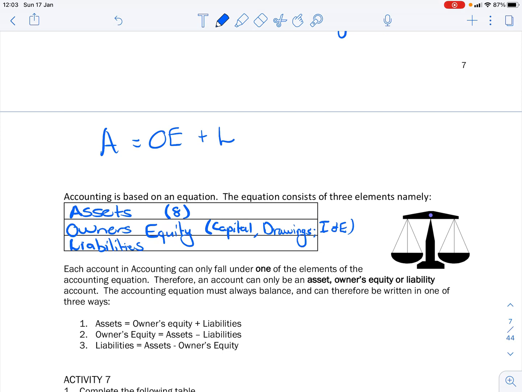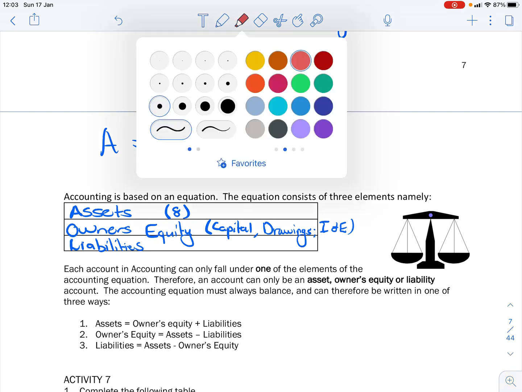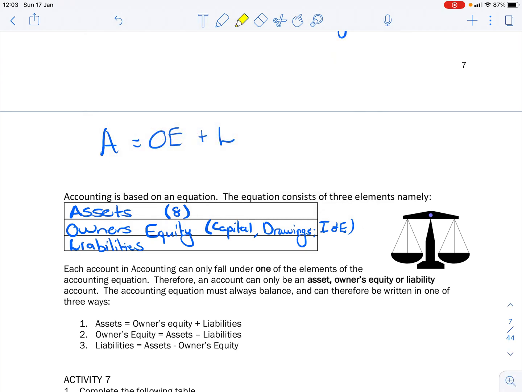The equation must always balance and can be written in one of the following 3 ways. Now, the first way that I've shown you, which is the most common way, is that your assets must equal your owner's equity plus liabilities. However, because it is an equation, we can rewrite this.